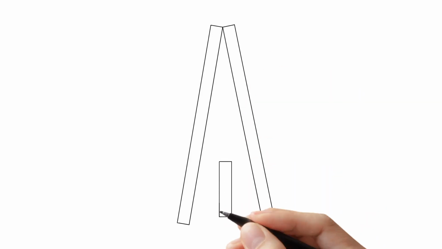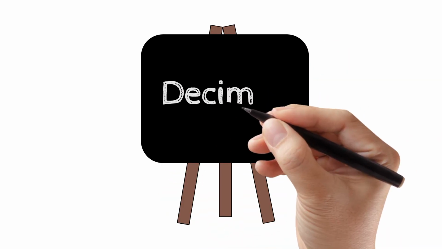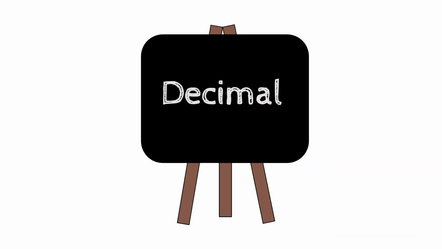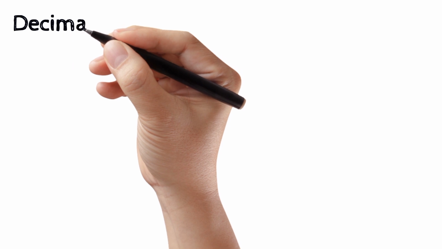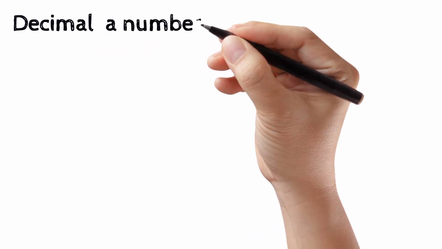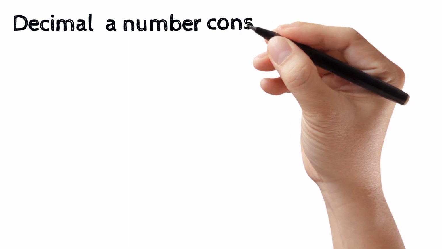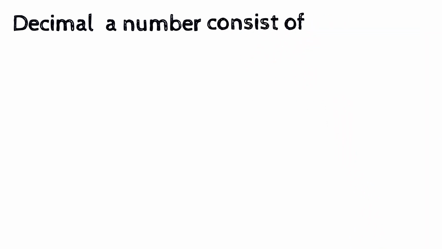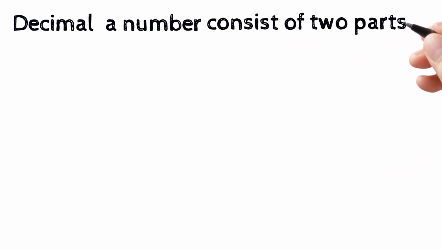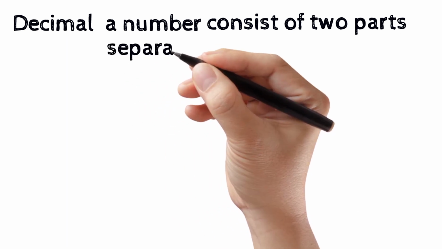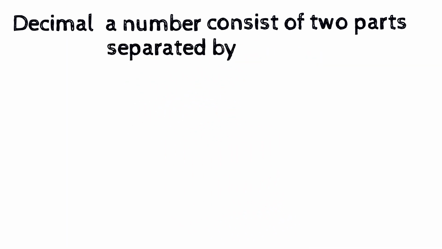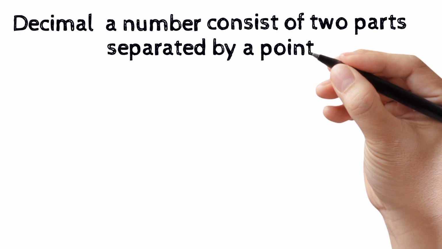So guys, apart from fraction, we have another way to represent a part of a whole thing, which is known as decimal. So what is a decimal? A decimal is a number consisting of two parts which are separated by a point.